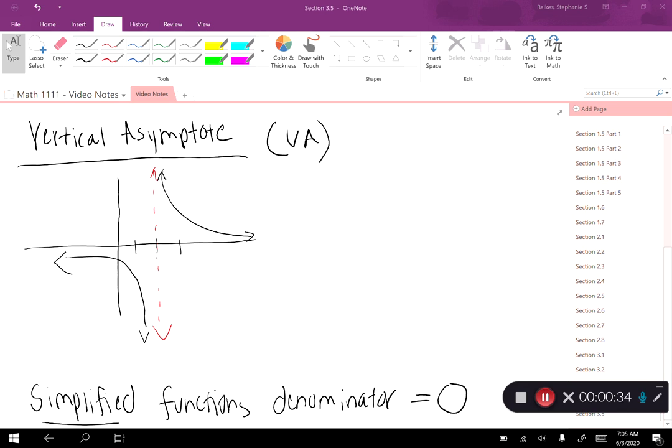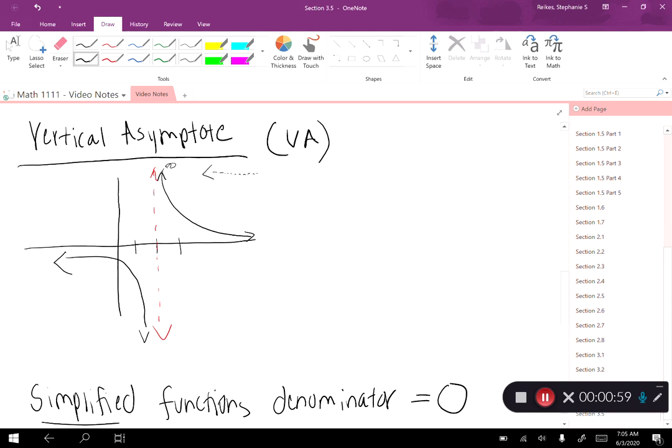So my actual function is the two black curves. And so as we are approaching from the right-hand side, as my x value travels from positive infinity towards the x value 2, my function is actually increasing and going up to positive infinity.